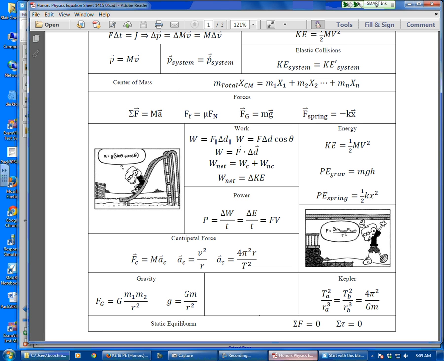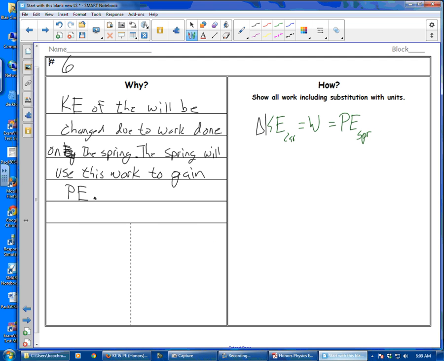Now I could do the intermediate step with my F and d, but I'm going to skip this central work idea, realizing that with this equality I can just go right over it. So the change in kinetic energy of the car, KE final minus KE initial, should equal delta PE of the spring, PE final minus PE initial.